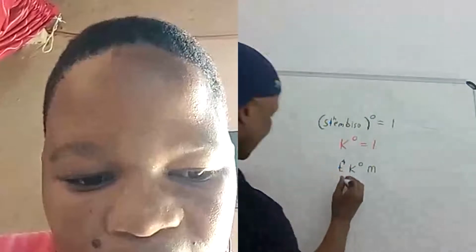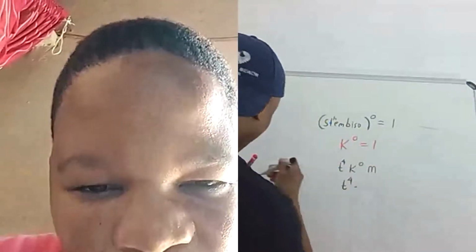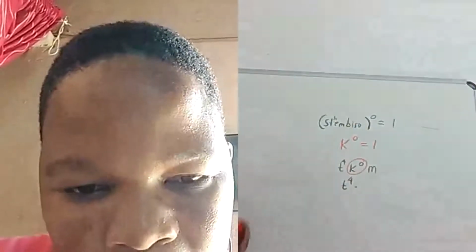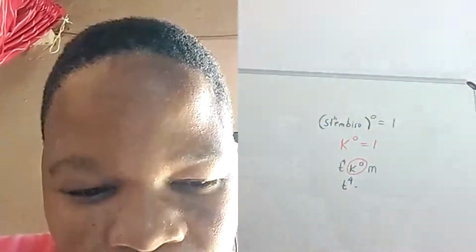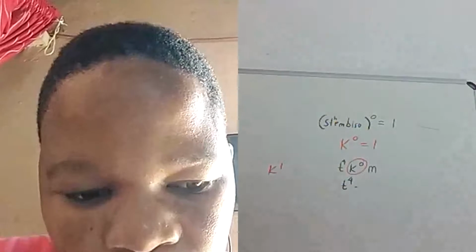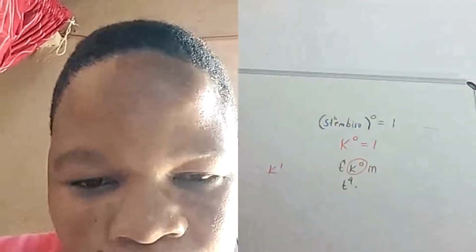Sometimes a lot of people tend to say, oh, this is going to be k power 1. Not k power 1. Power 0 means the base with any power together equals 1.